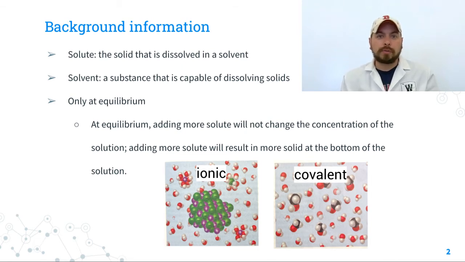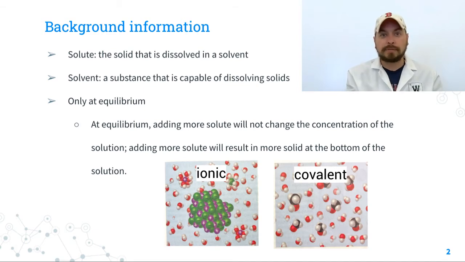The water molecules' oxygen atoms, which are partially negatively charged, will attract to the positive ions from the solid. Meanwhile, the hydrogens, which are partially positively charged, will associate with the anions of the solid. So this process of dissolving is going to create an aqueous solution.